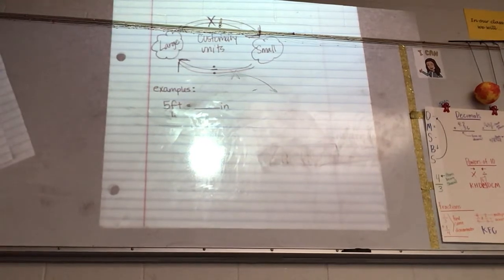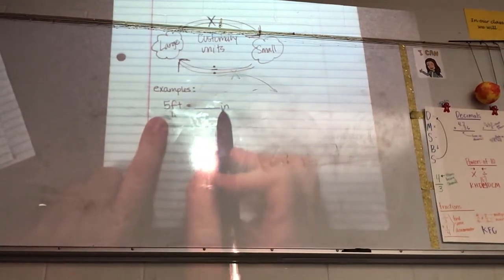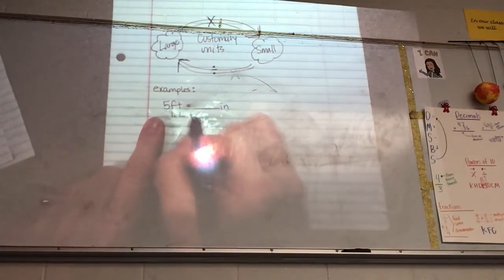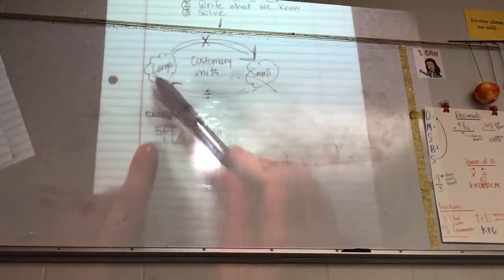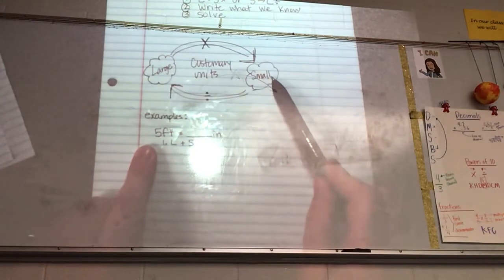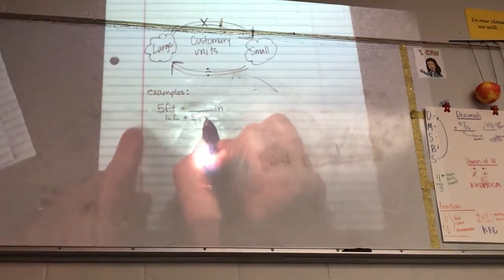We are taking it from a foot to inches. Feet is bigger than inches, so we're going from large to small, and large to small means we multiply.